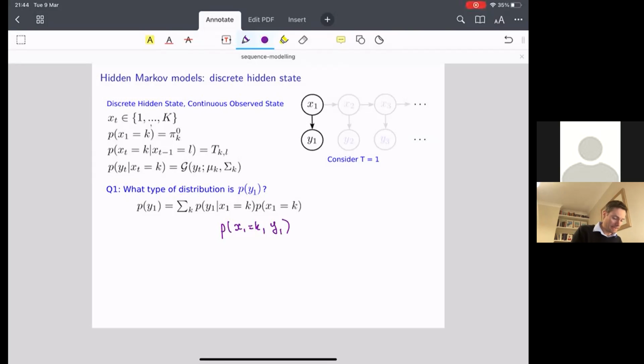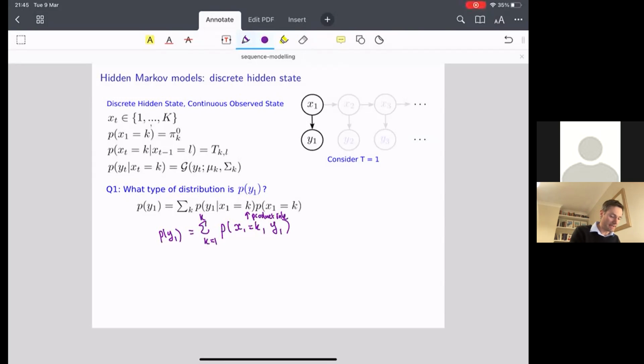That's this thing. And we know that by the sum rule, if we sum over k here, sum over all the possible settings that the latent variable can take, that's going to be the marginal distribution over y1. Okay. And then I've just used the product rule to split this joint distribution into the probability of x times the probability of y given x.